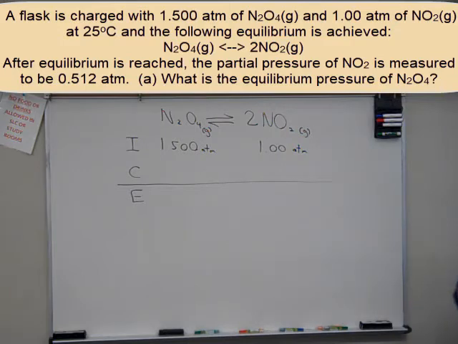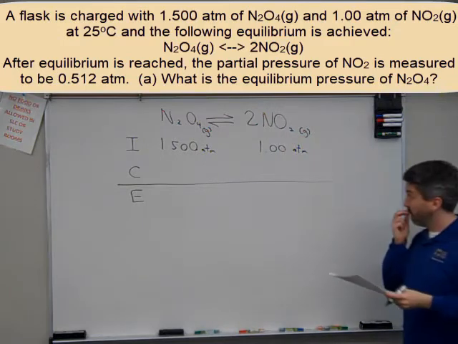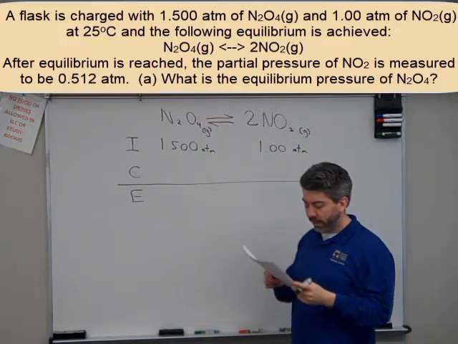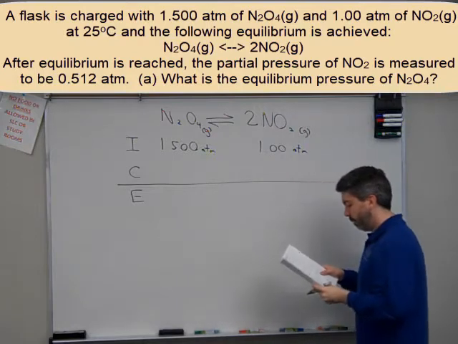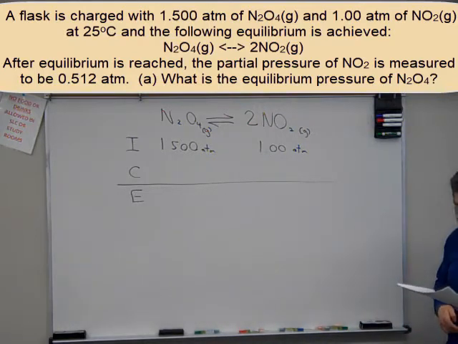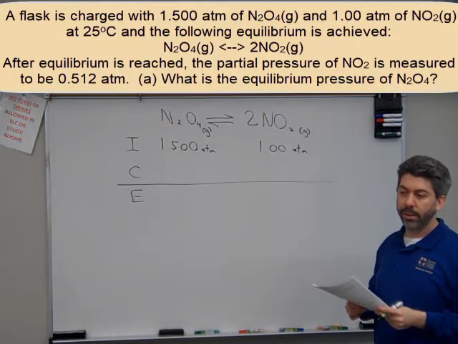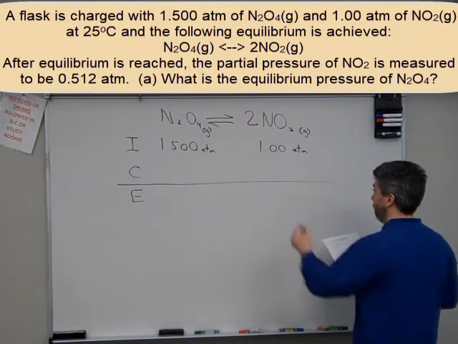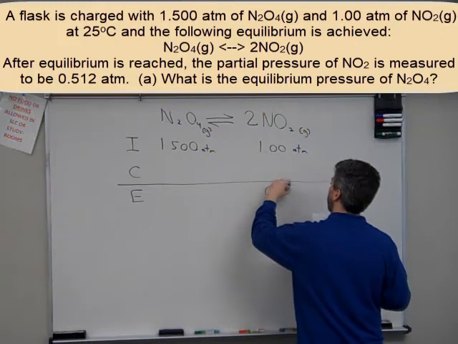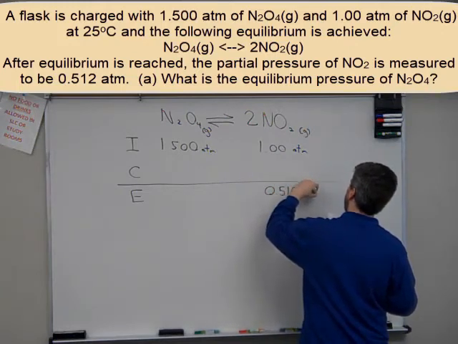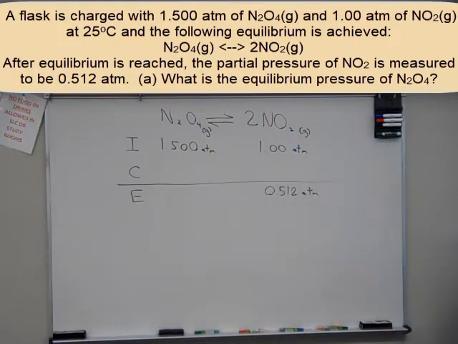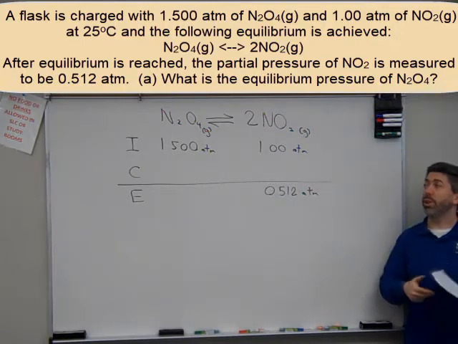Now what's the change going to be? Well, before we can actually figure that out, we should use the piece of information that it gives us. It tells us the equilibrium partial pressure of NO2 is what? 0.512. Okay, so in that case, has NO2 gone up or down?